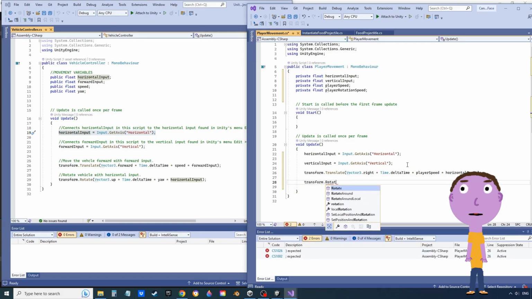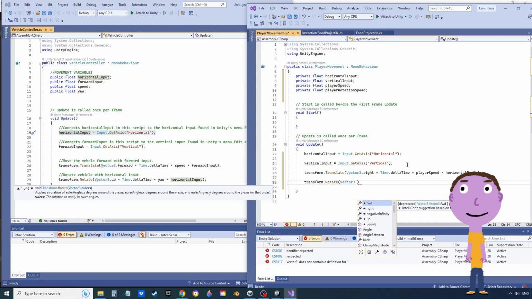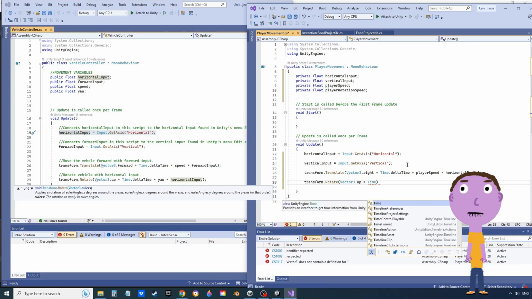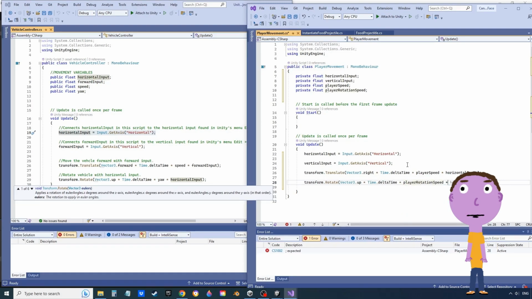Transform.Rotate, Vector3, probably up, times Time.deltaTime times player rotation speed times vertical input.